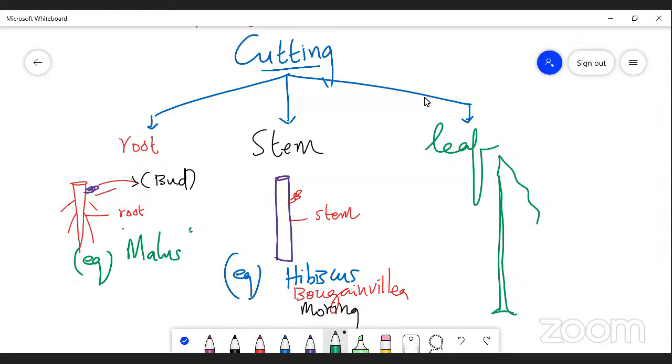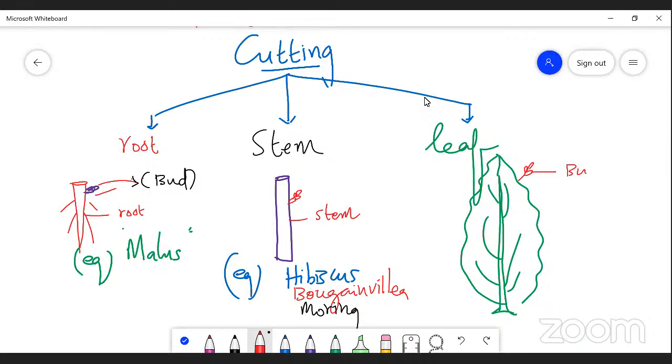Bryophyllum is the right example for that. The buds originate or emerge from the margin of the leaf. Now this is the margin of the leaf from which buds are grown. Such buds are said to be epiphyllous buds.